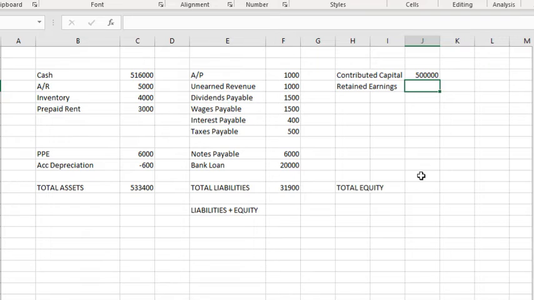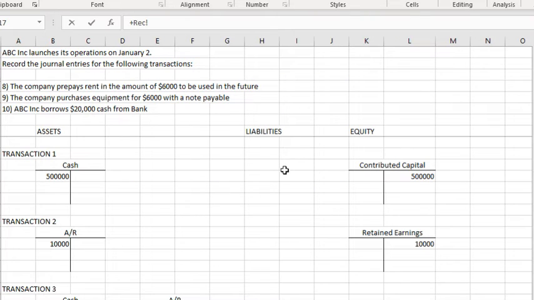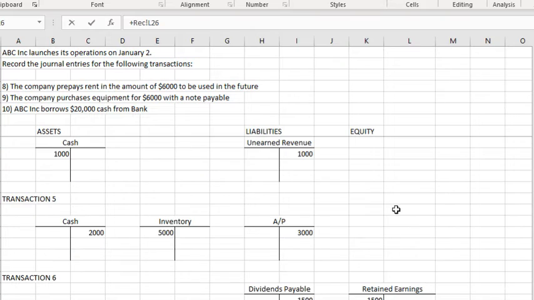And then we are going to take a look at retained earnings. So retained earnings can be calculated in several ways. I'm going to look at the journal entries first, so we can see how retained earnings is affected. Retained earnings increases when there is a sale, just like in transaction number 2.